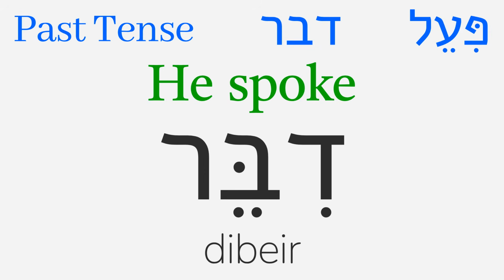Now that we have the most simple form, diber, we can use it to make the other forms of the past tense.